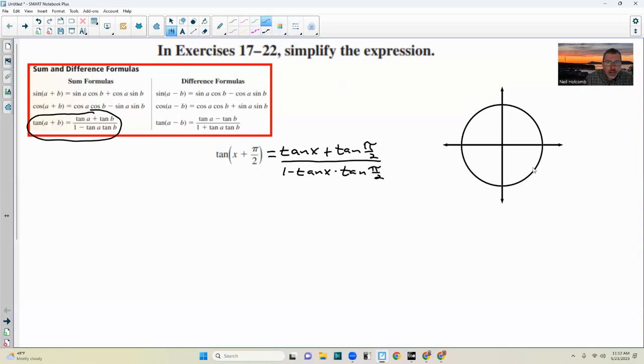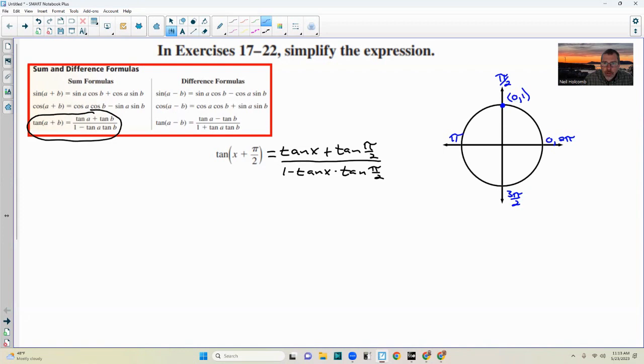And then when you look at our unit circle over here, where this is 0, 2 pi, let me fix that. This is pi over 2, this is pi, and this is 3 pi over 2. So we're right here at pi over 2, and that point there is over 0, up 1.